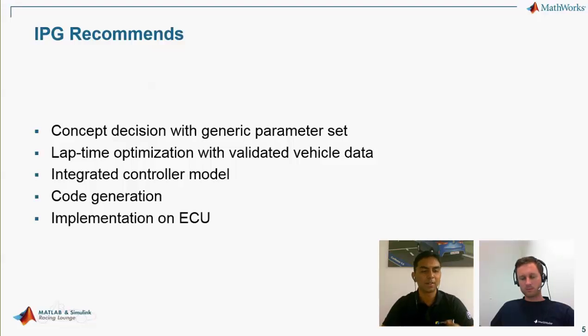And further, advanced users can use the same tool with a validated data set, a validated vehicle set, which means that the vehicle parameters mimic the actual vehicle. And with this, they can do a lot of optimizations. One thing which comes to my mind directly is lap time optimization.